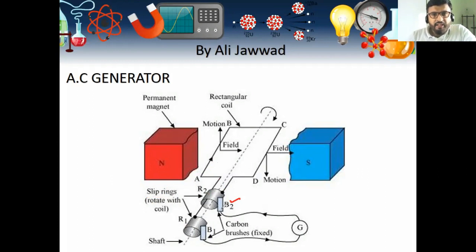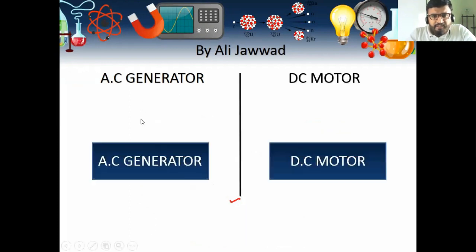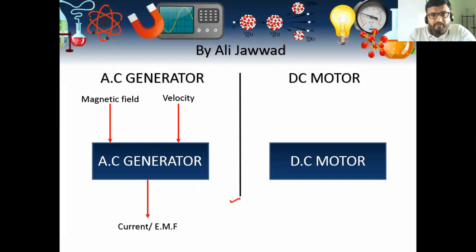The carbon brush facilitates the collection of current. Otherwise, if we try to get the current directly from the generator, the wire of the coil may get twisted. However, there are some differences between an AC generator and a DC motor. What are those differences? In an AC generator, we provide a magnetic field and, with the help of fuel, we provide it velocity and collect current or induced EMF as an output.